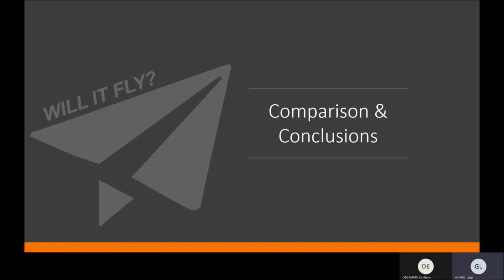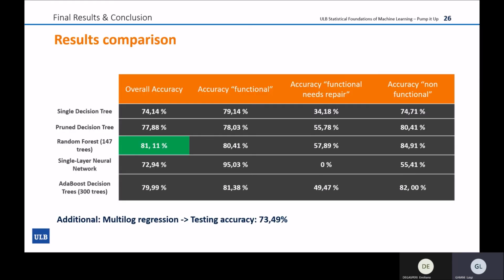So to conclude, we make here a benchmark of the models. We can see that in general, the best performing model is the random forest, which has the largest overall accuracy. However, as said, also the AdaBoost decision tree model has quite similar overall performance.